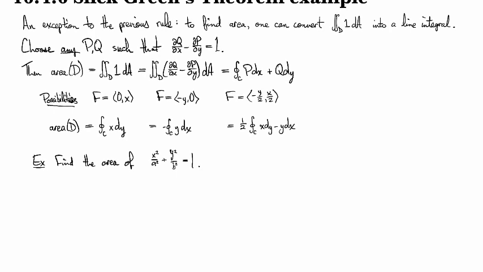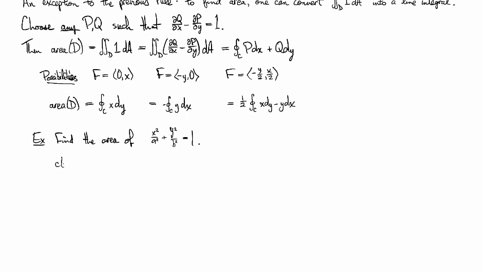Well, we can parameterize this with a cosine t, b sine t. Multiplying the first coordinate by a will stretch it horizontally by a, and multiplying the second by b will stretch it vertically by b. And it's the usual, t goes from 0 to 2 pi.